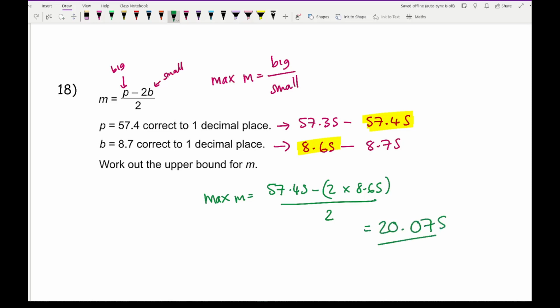And I can either leave my answer like this or write it as 20.1, and that's to 1 decimal place. The reason why I've rounded my answer up is because that's exactly the same rounding they've used in this question.